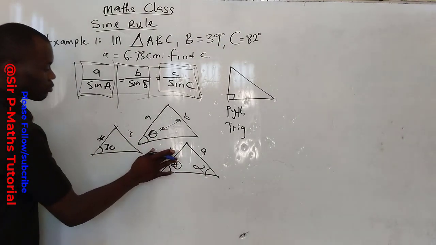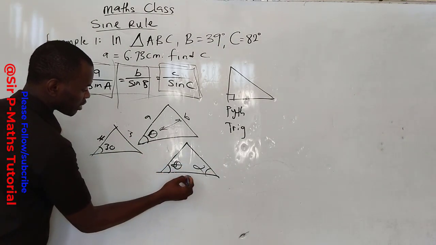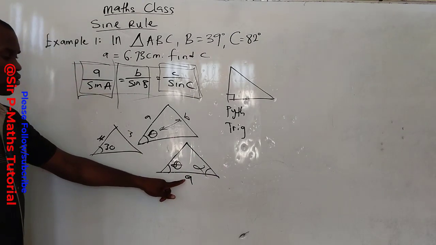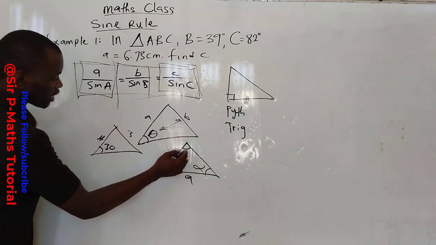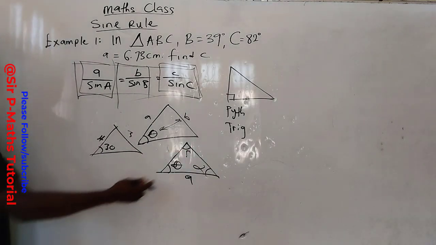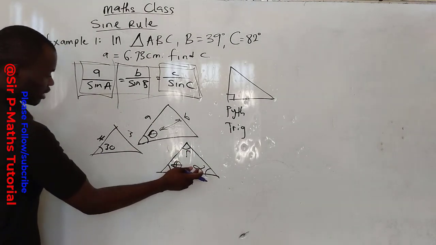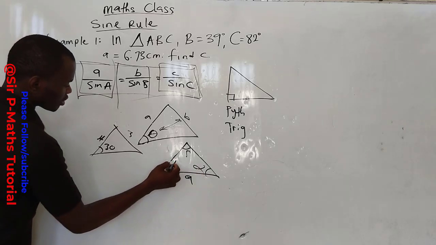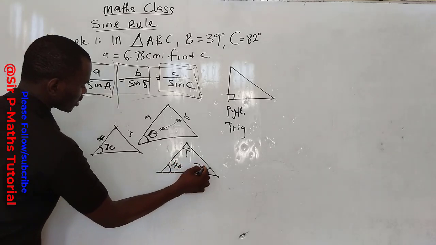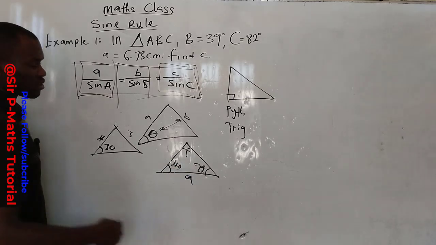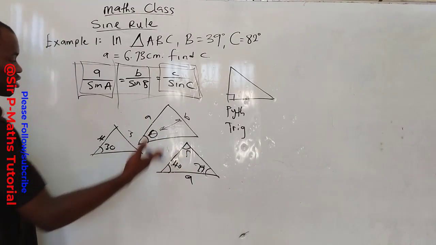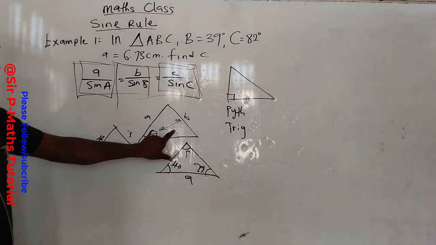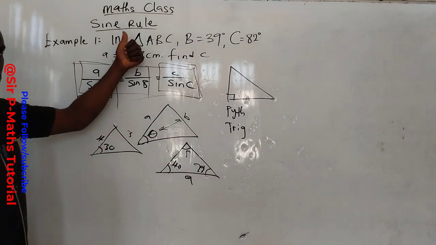Sometimes the given side is not facing any of the given angles, but then we can derive this angle lambda, since we have this and we have this. Let's assume here is 40 and here is 79. Add this and add this, remove it from 180, and you get the angle at this point. So these are the two conditions that we use to solve sine rule.